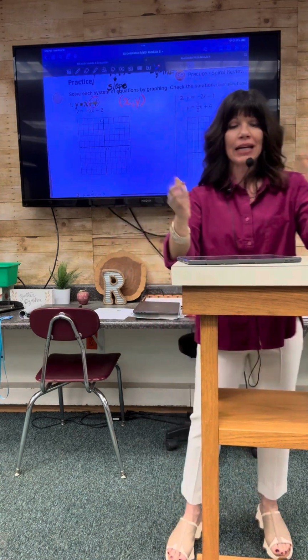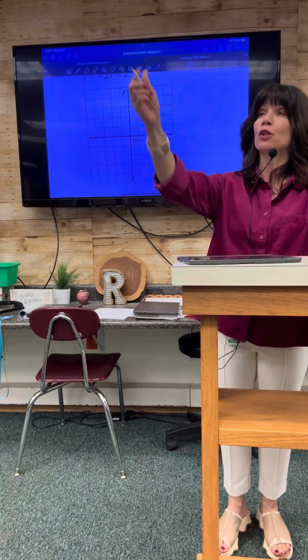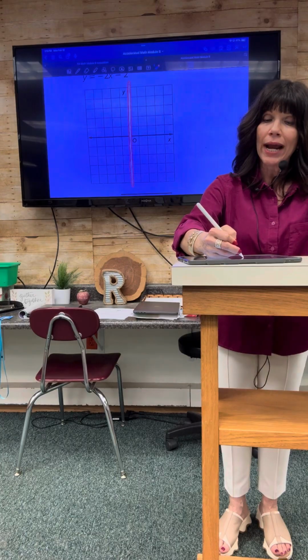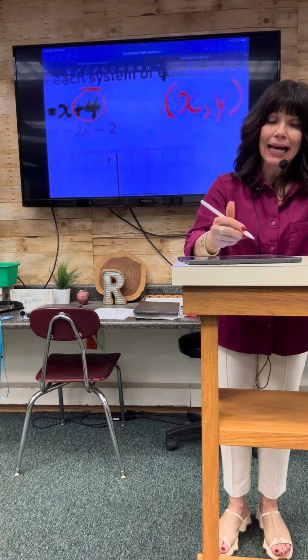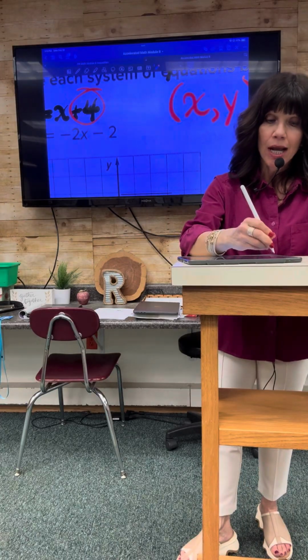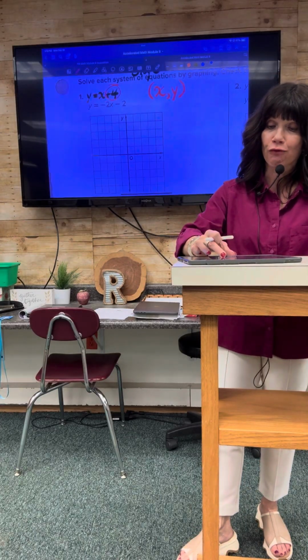Intercept. Now, if he had been a tiny little football player running up and down this y-axis, where would we say he had intercepted this ball? 4. At positive 4.